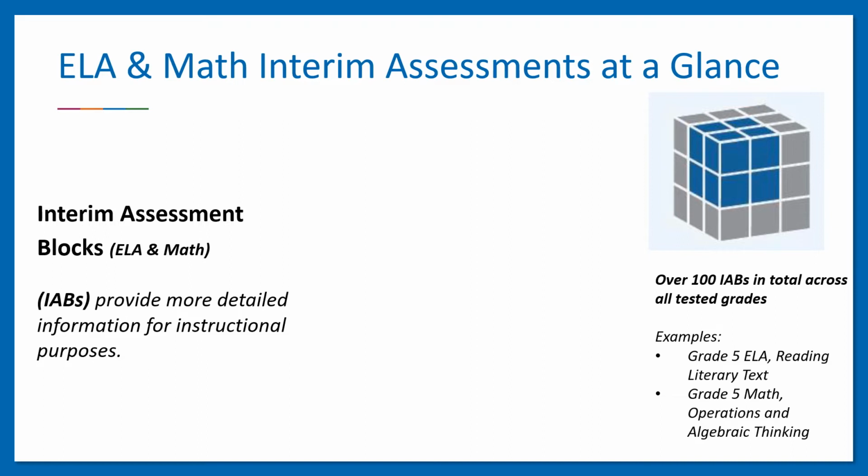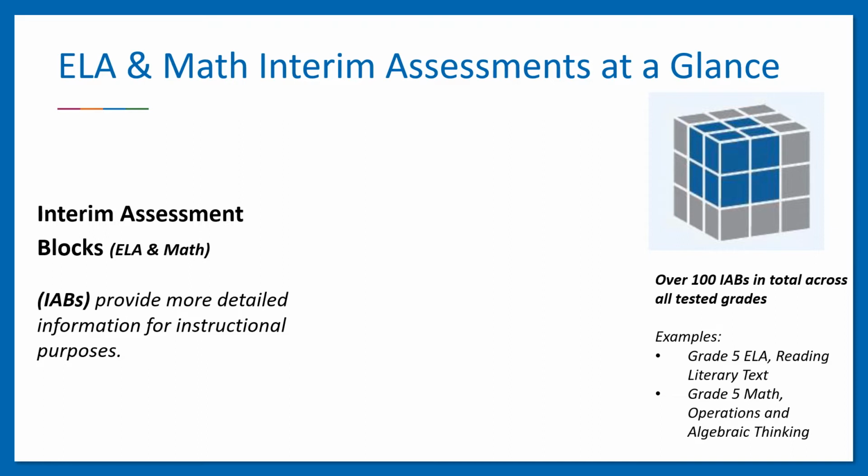This allows educators to gather evidence and information associated with specific assessment or learning targets and their associated standards. Further, this allows educators to focus on assessment targets within a claim, such as literary text from Claim 1 reading, or operations and algebraic thinking from the Mathematics Claim 1 of concepts and procedures.